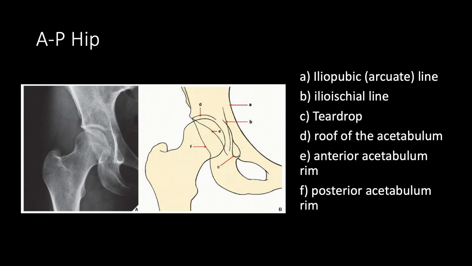You see the posterior rim in the back. And then you can see some of the other lines, the arcuate line, the ilioischial line, and the teardrop line that you see right here. So these all should be visible, particularly when you're looking at the integrity of the acetabulum and pelvis here.